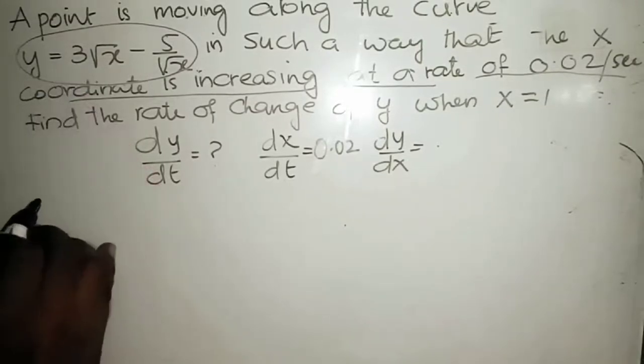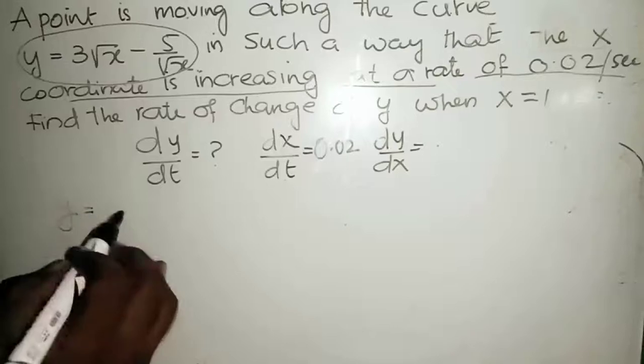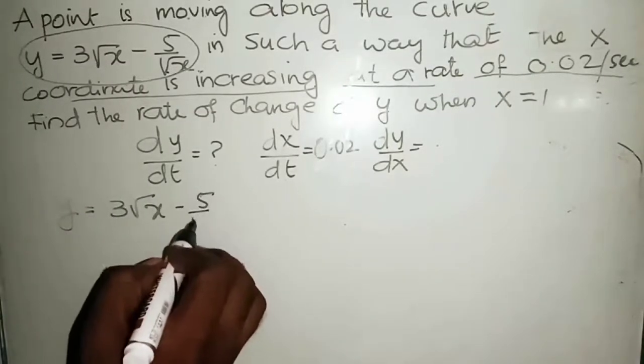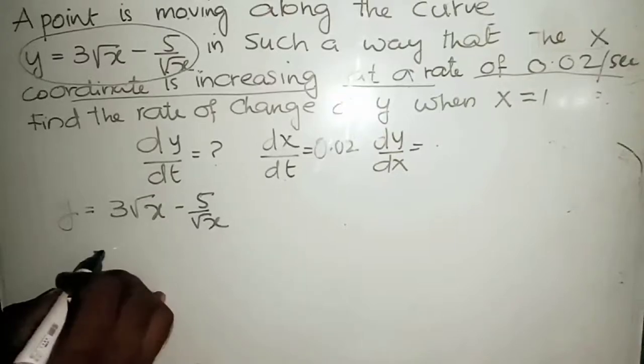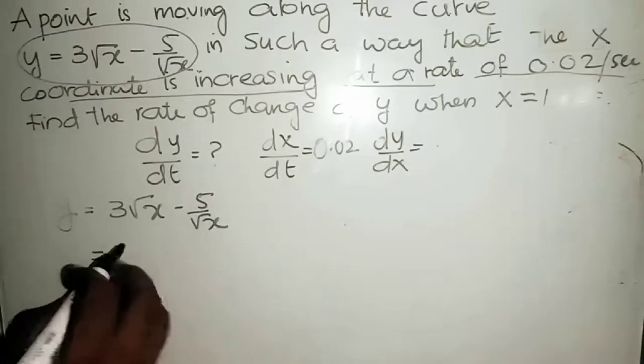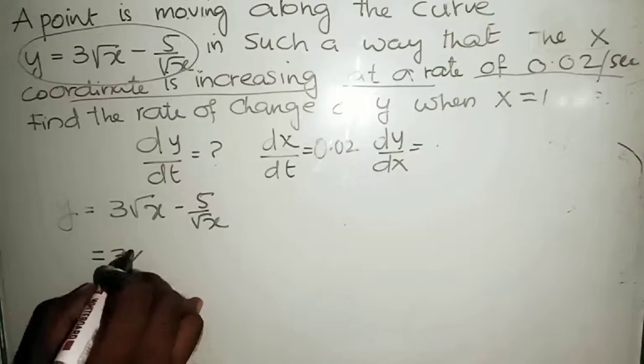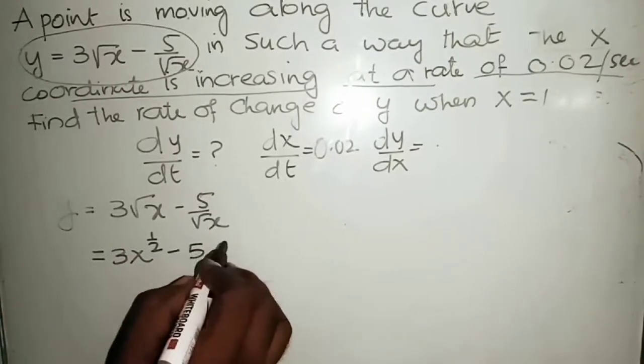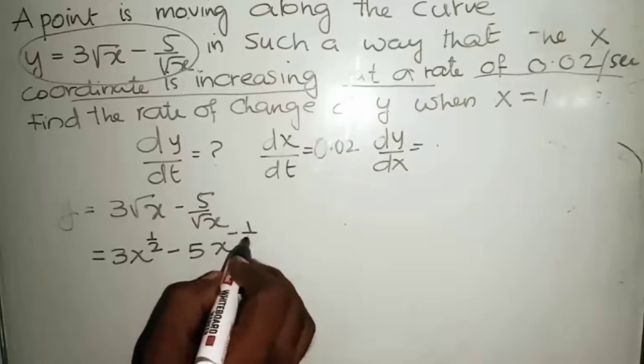So let's take y is equal to 3 root x minus 5 by root x. Write it in standard form, that is 3x raised to 1 by 2 minus 5x raised to minus 1 by 2.